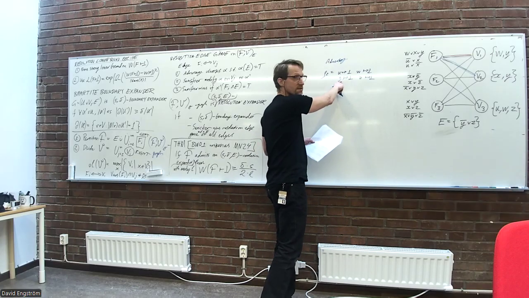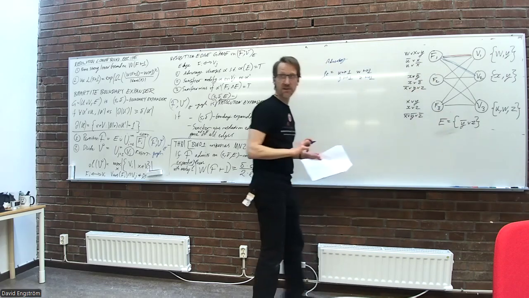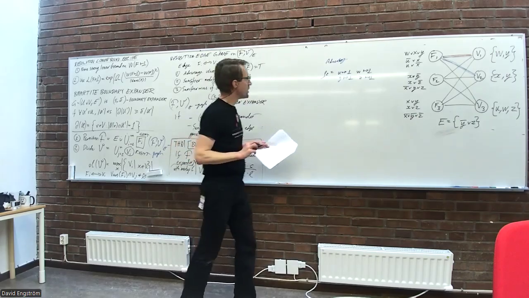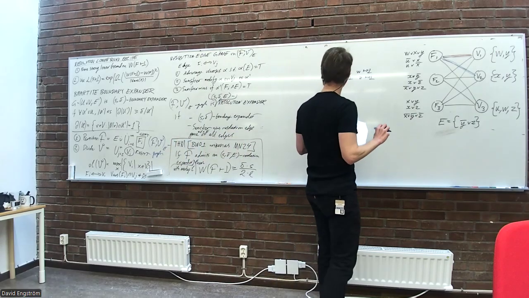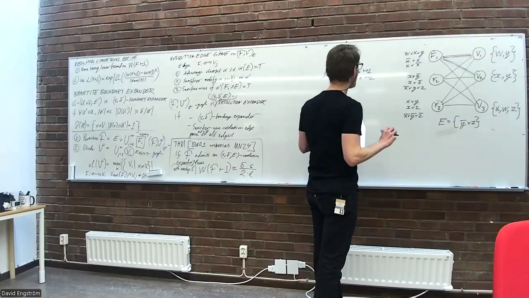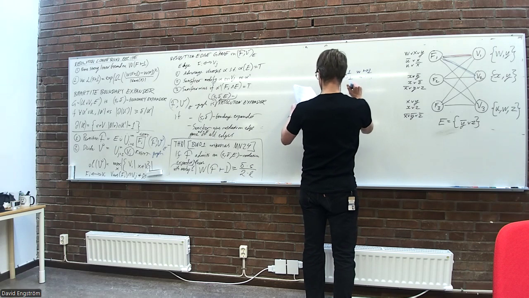Is this a legitimate assignment to play? Yes, because Y is false, so the filtering set is good. Wait, I'm copying the wrong assignment, sorry. No, yes. U false, W false, Y false, Z false.